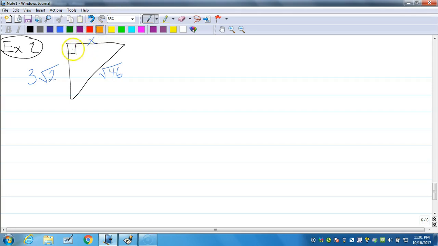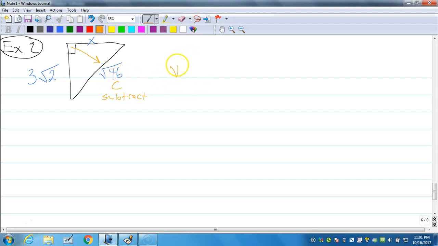Same as before. Here's my 90. Go across. Do I have the letter C? Do I have the hypotenuse? Yes. When you have the hypotenuse, you are going to subtract, right? C is always the bigger number.